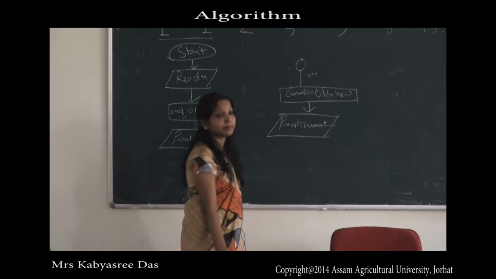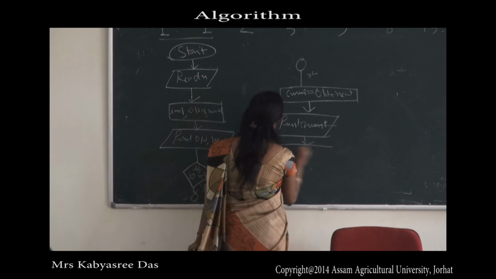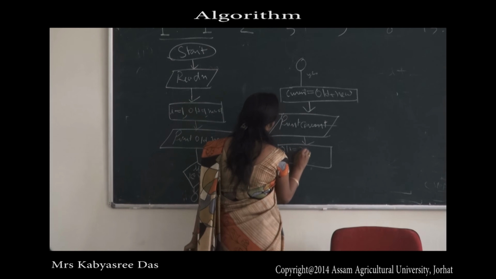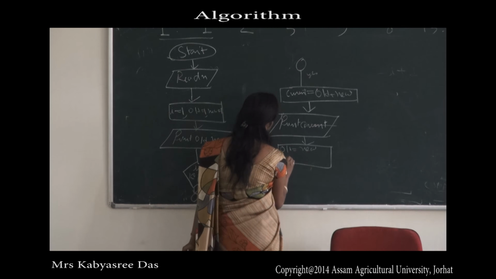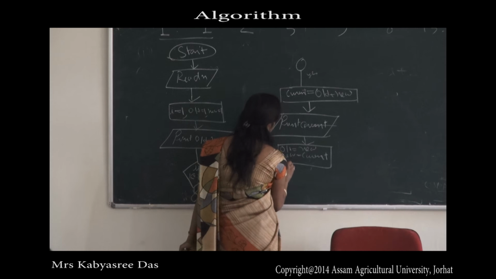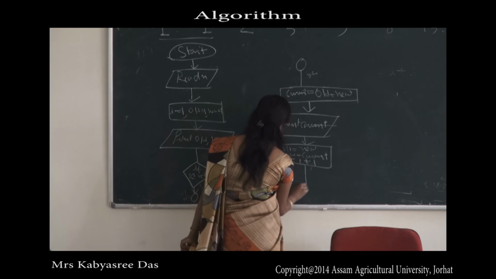Then what is the step? Old equal to new, new equal to current. I equal to I plus 1. Then it goes to the step again.